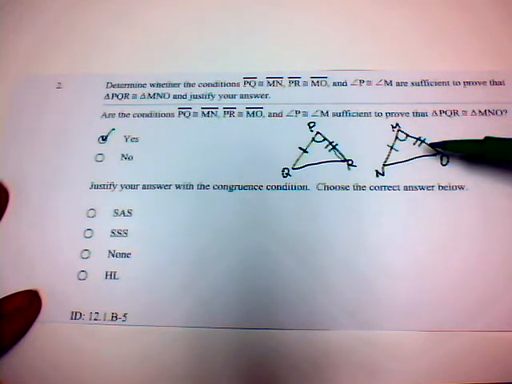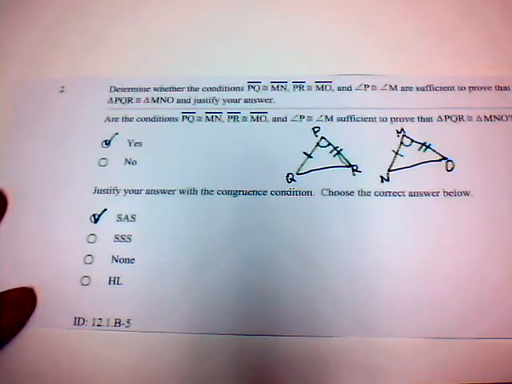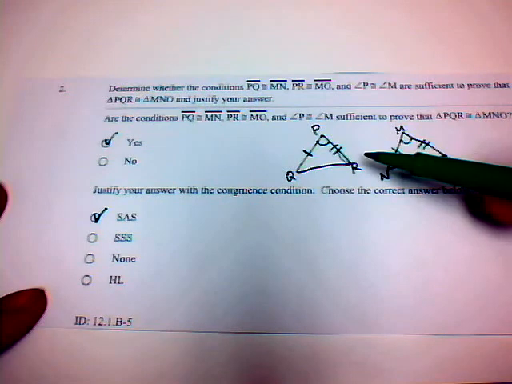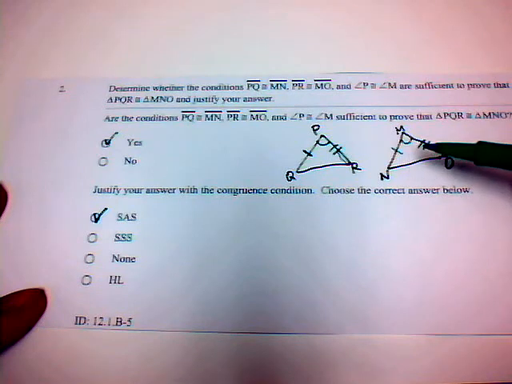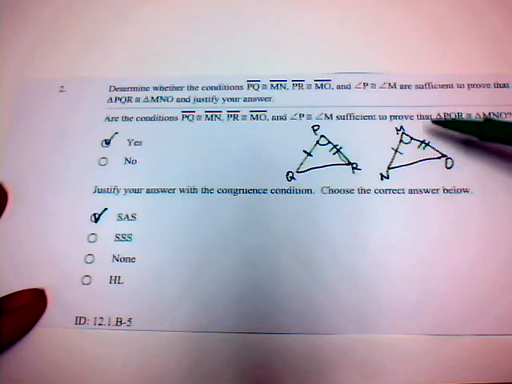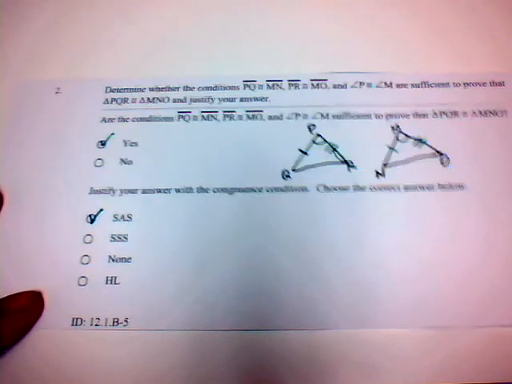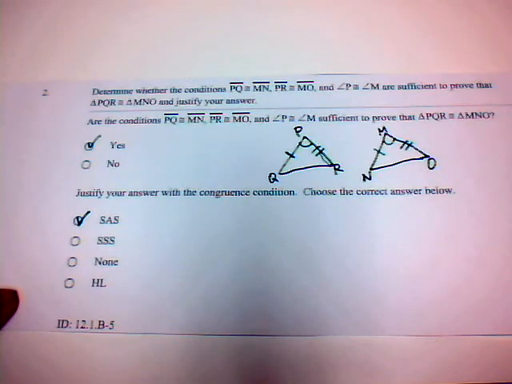Also, side, angle, side for the second one. So here we're going to select SAS, which means side, angle, side, because we have 2 sides and an included angle of one triangle congruent respectively to 2 sides and an included angle of the second triangle, which means that triangle PQR is congruent to triangle MNO.